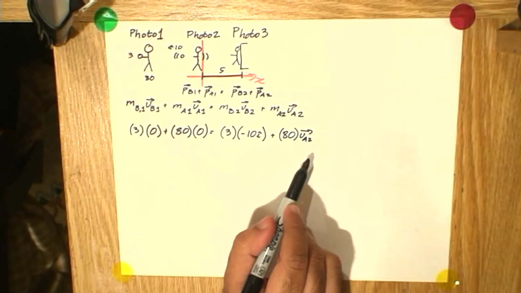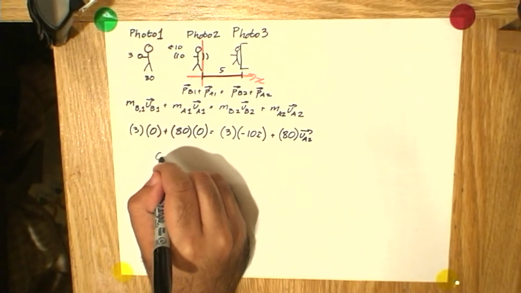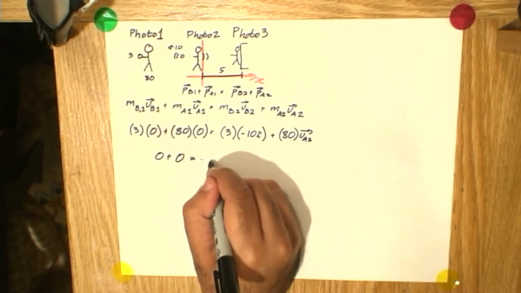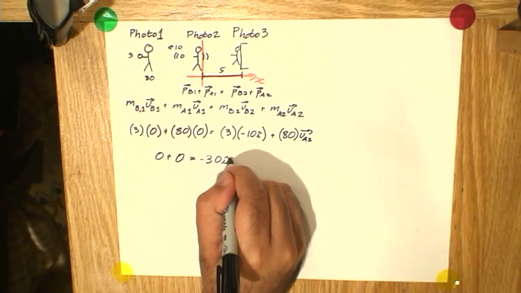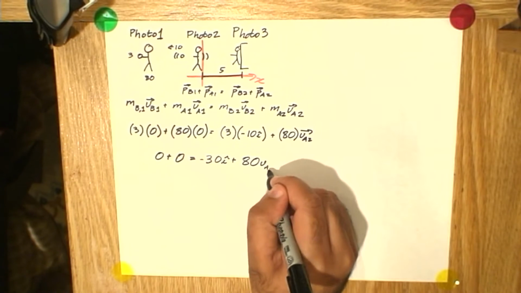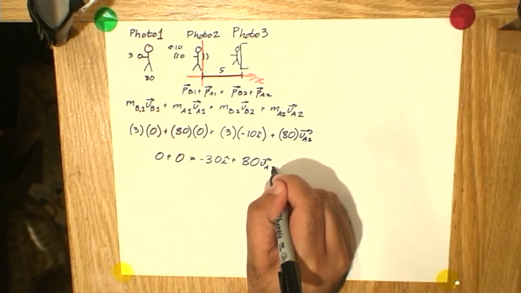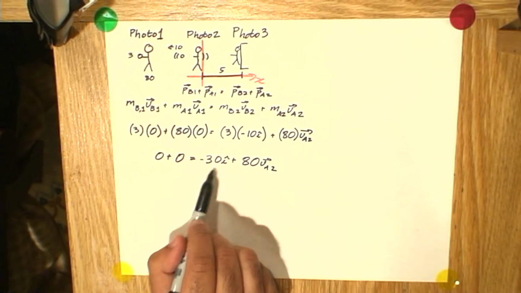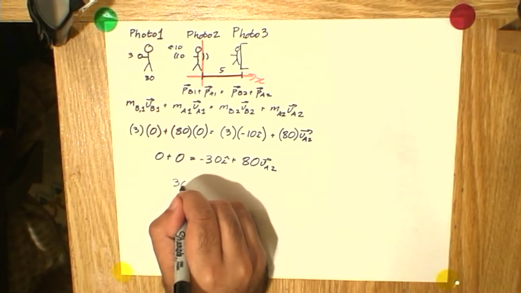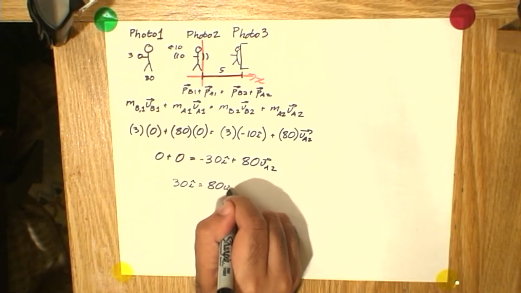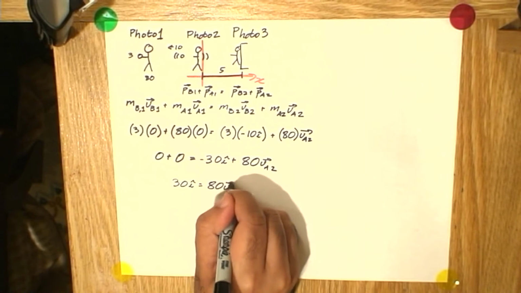Let's start simplifying this. 3 times 0 is 0, plus 80 times 0 is 0, is equal to 3 times negative 10 i hat, which is negative 30 i hat, plus 80 times VA2. Simplify still further by moving this 30 to the other side. 30 i hat equals 80 times velocity of the astronaut, 2.